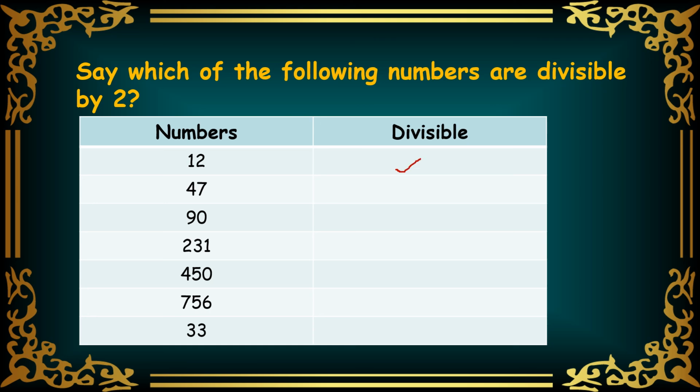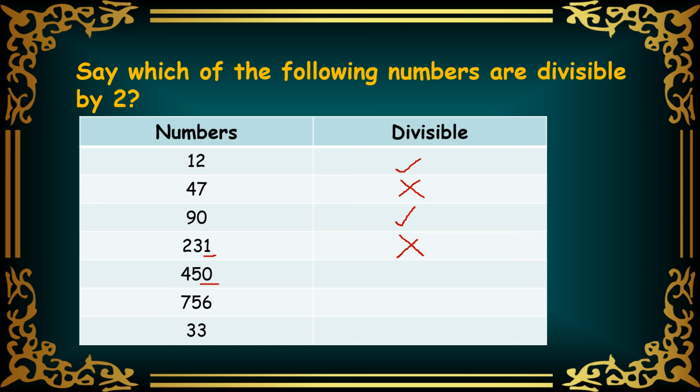The last digit of 47 is 7, and 7 is not an even number, so it is not. The next number, that is 90, the last digit is an even number, that is 0, so it is divisible by 2. 231, the last digit, if you see, it is 1, so it is an odd number, so it is not divisible.